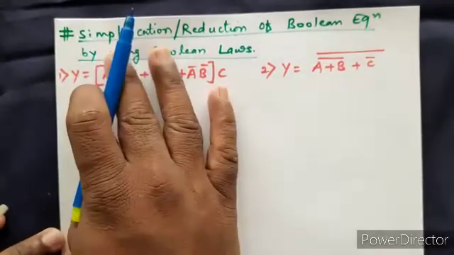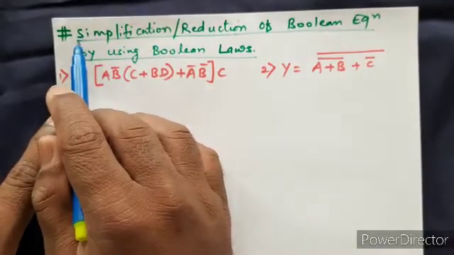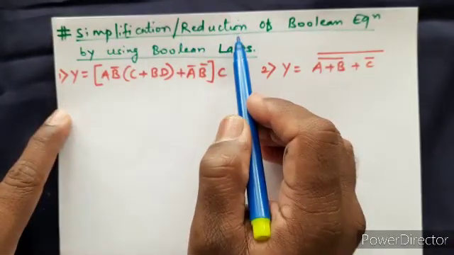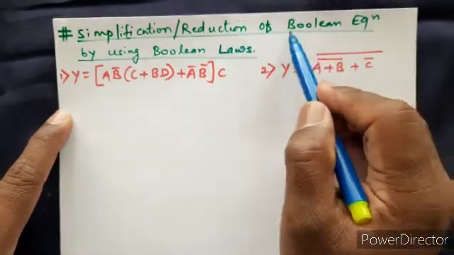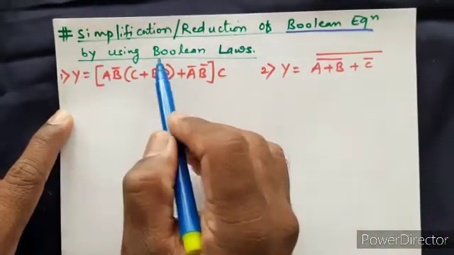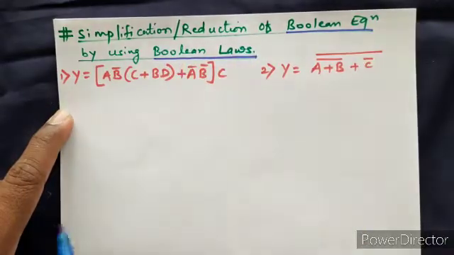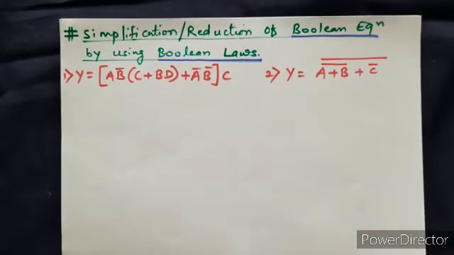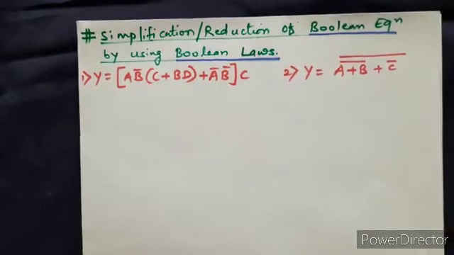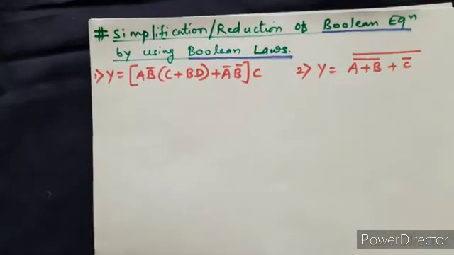So in today's lecture again we are going to see the simplification or reduction, which can also be called minimization of Boolean equations by using different Boolean laws. Now we'll see where, when and how these laws can be used. So without going into much theory, let us try to solve these examples.